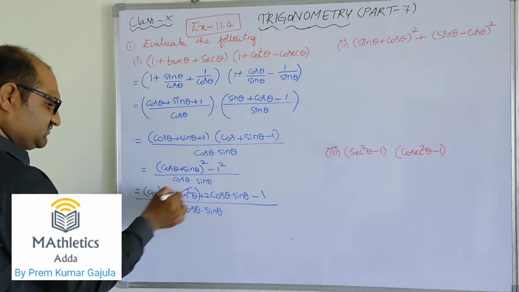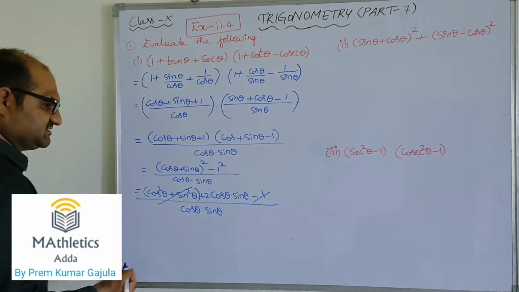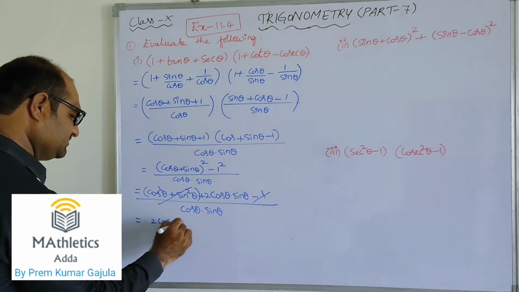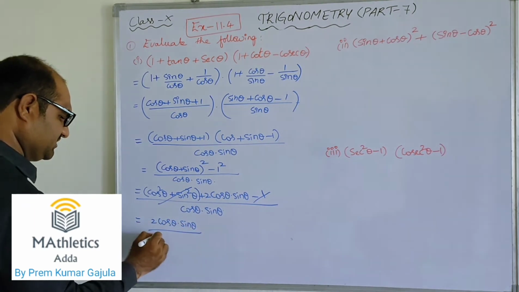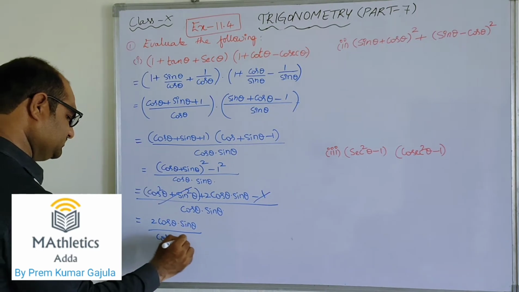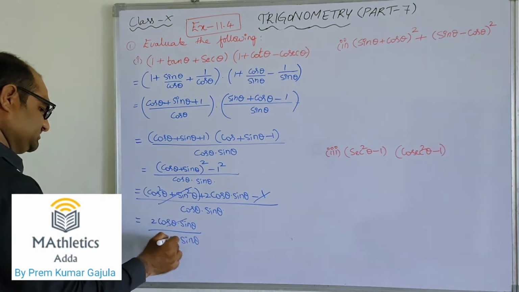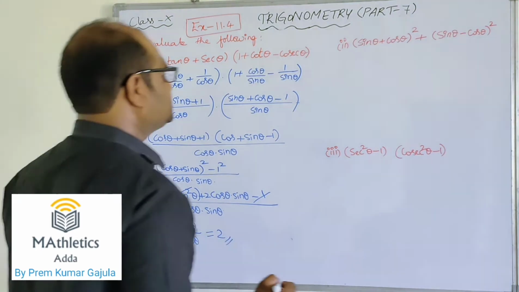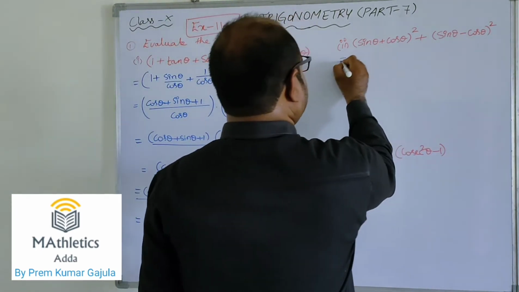Yes, this 1 minus 1 get cancelled. So what is left? 2 cos θ into sin θ by cos θ into sin θ. Here cos θ sin θ get cancelled. The answer is 2. Now let us solve the second one.